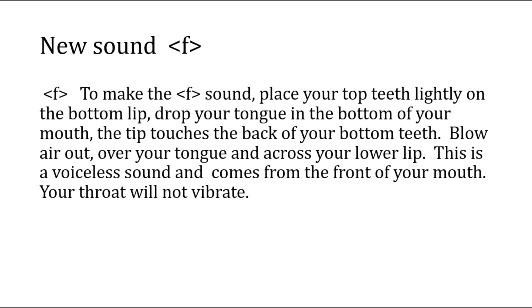Drop your tongue in the bottom of your mouth. The tip touches the back of your bottom teeth. Blow the air out over your tongue and across your lower lip. This is a voiceless sound and comes from the front of your mouth. Your throat will not vibrate.